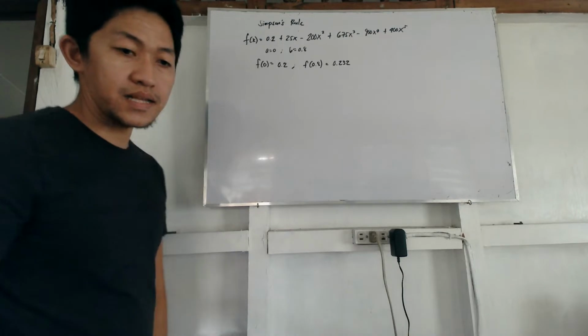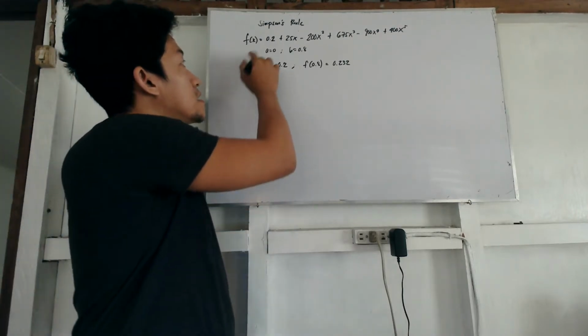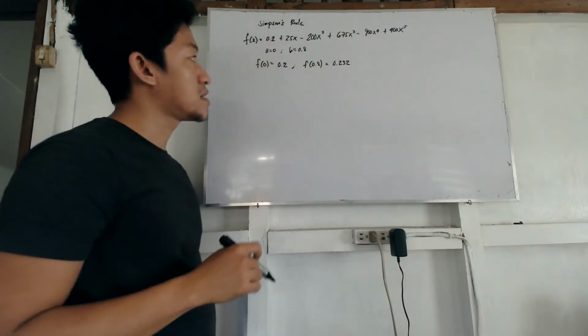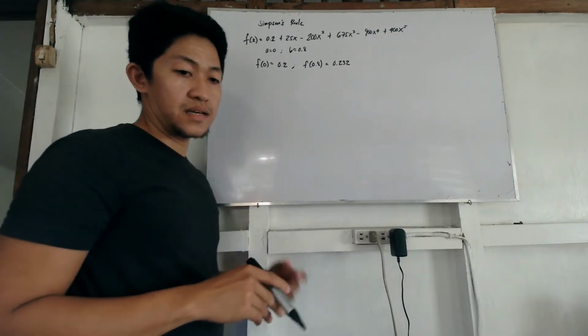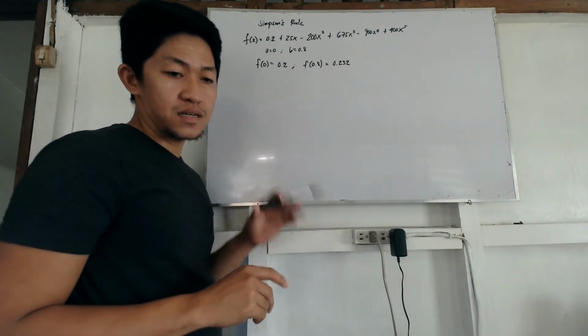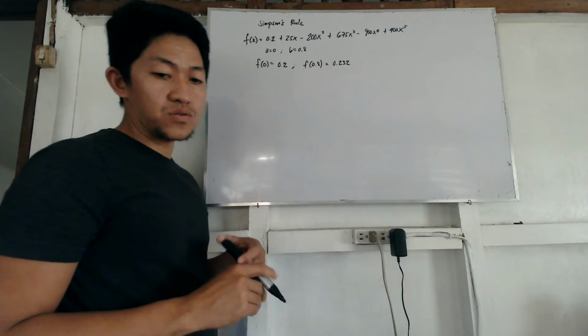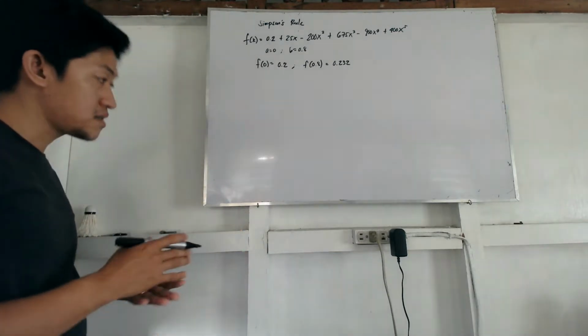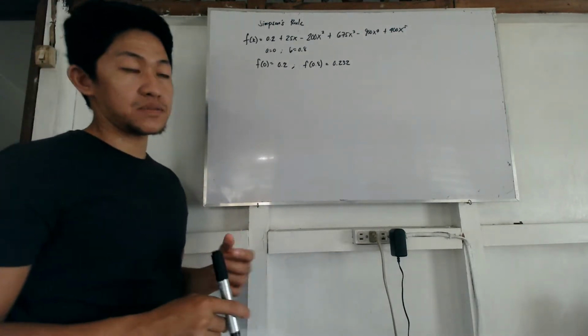Okay, so again, let's use this example. Let's use this function and test whether Simpson's 1/3 rule will give us a better result as compared to the trapezoidal rule.